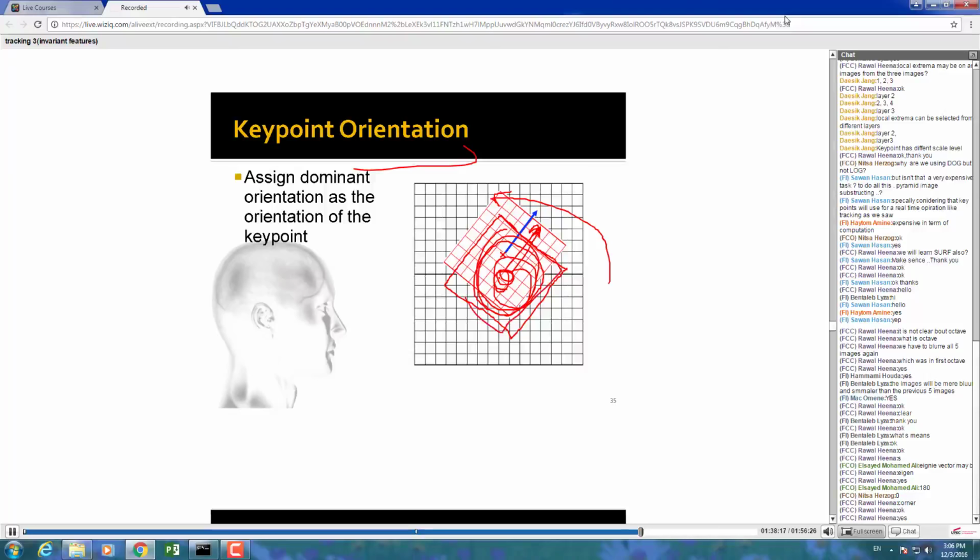But the relative angle is still 45. So if we know this key point orientation, and then rotate the window like this, then this window area is always the same, even when the image is rotated. So it means we can know how much angle we have to rotate this window rectangle.